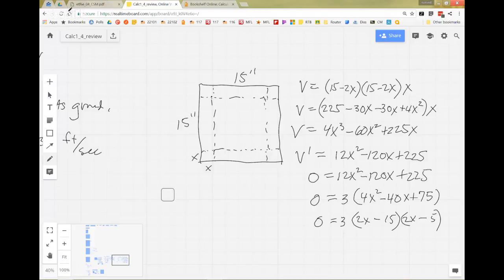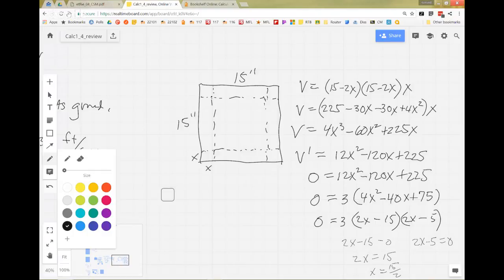There we go. So now we can set each factor equal to 0. We can't set 3 equal to 0. So 2x equals 15. X equals 15 halves, 7.5. That's garbage. Why?